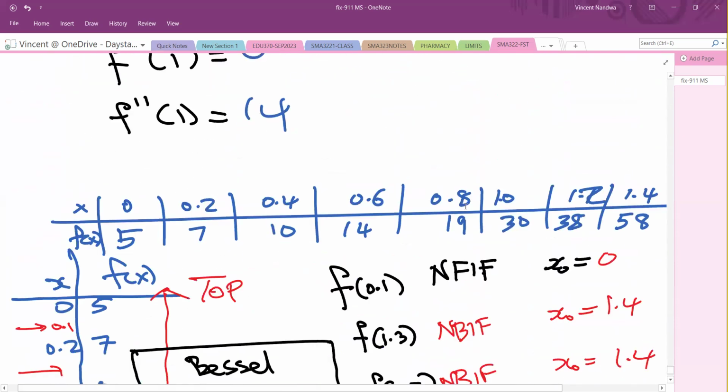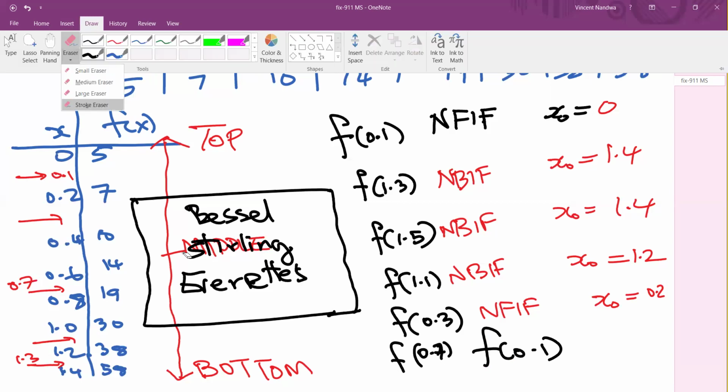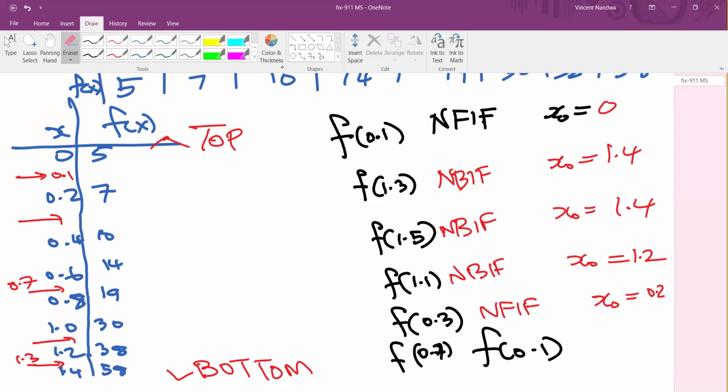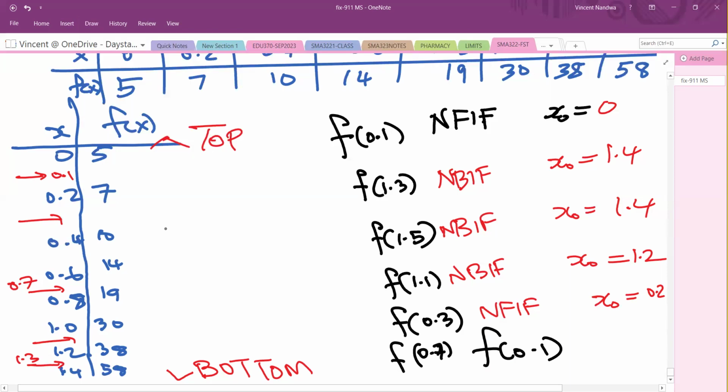For example, in this case, when you want to interpolate the value of f at 0.1, in this given example, you will use this: general x is given by x naught plus ph.